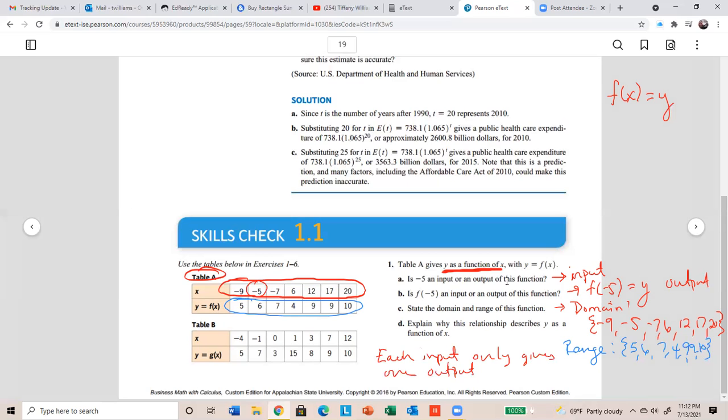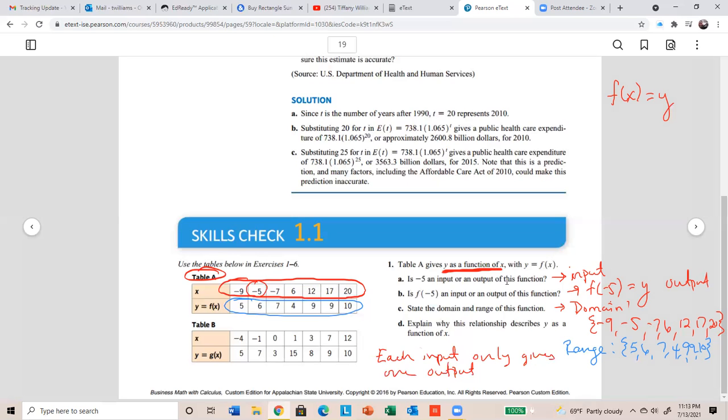Now, again, for some odd reason, that terminology has always been confusing to me. It doesn't really state to me what that means. So the way that I think about it is, if you look at your x values, do we have any x values repeating in table A? And the answer is no, I don't have any x values that are repeating.